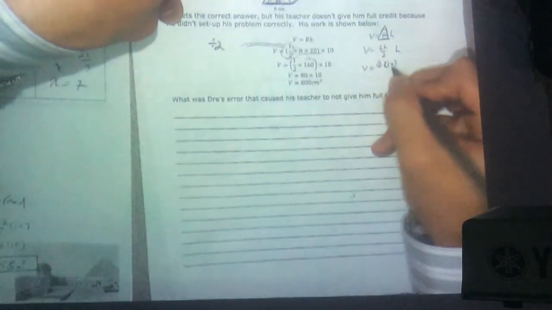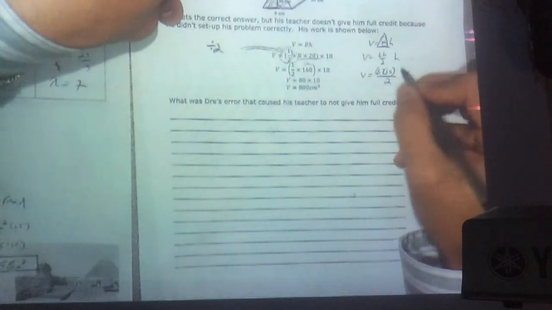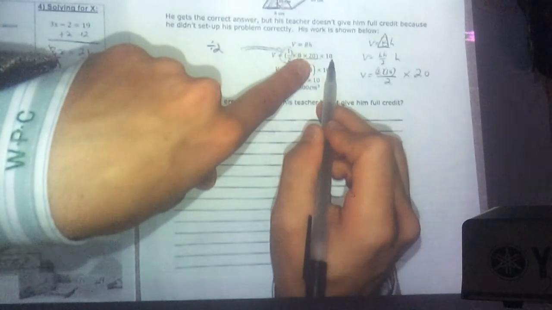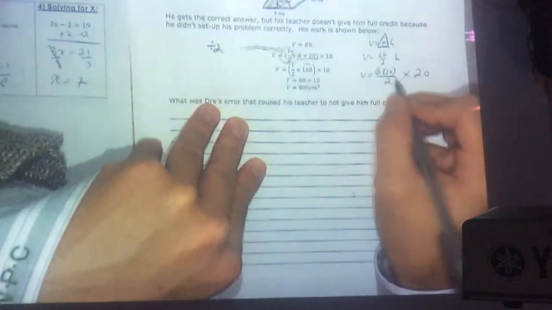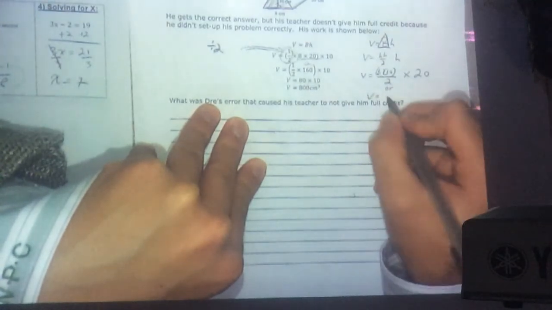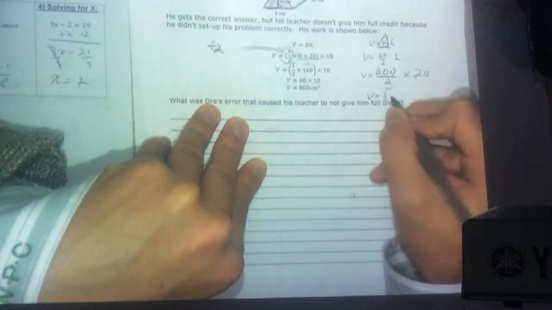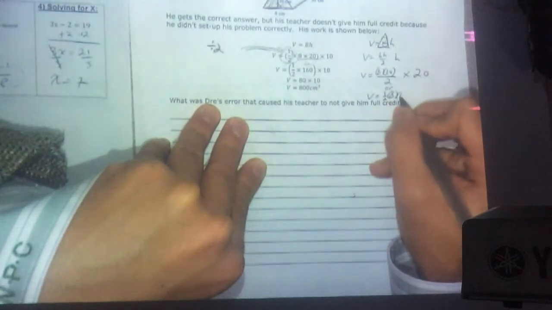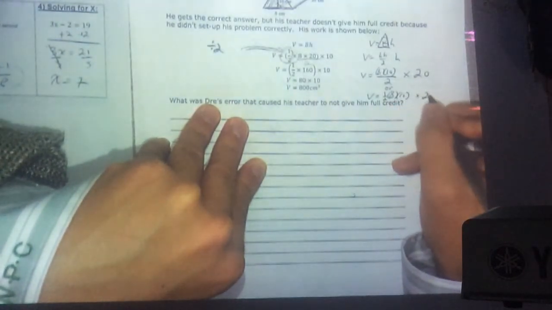Volume is equal to 8, which is the base of the base, the length of the base, times 10. Oh, this is the height right here. Times 10 divided by 2, and then times 20. So what they did is they misinterpreted which height is which. Now, this is the same thing as volume is equal to 1/2 times 8 times 10, and then times 20.